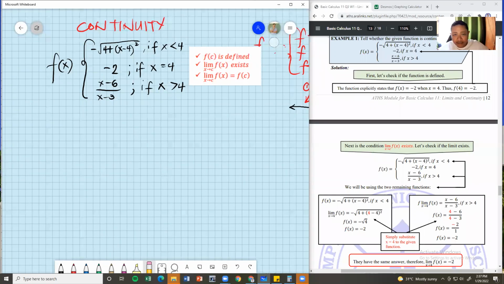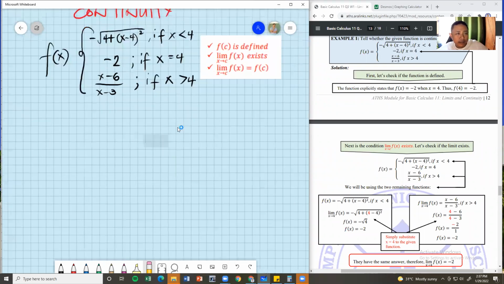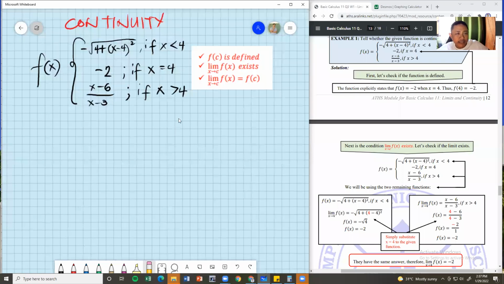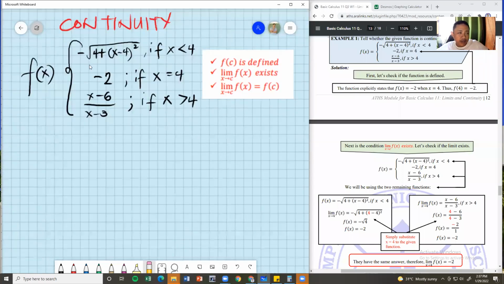Let me just erase this. Okay. So, having this example, this piecewise function has three sets of functions. We have the first one, which is negative square root of 4 plus x minus 4 squared if x is less than 4. The next one, f of x is equal to negative 2 if x is equal to 4.